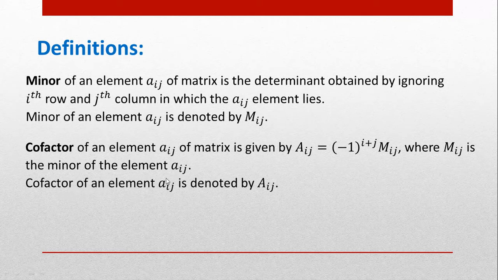So cofactor is related to the minor of the element. To get the cofactor of any element, first of all we need to find the minor of that element. See here the formula: minus 1 raised to i plus j into Mij. Now we will discuss this in detail using an example. So let's see.